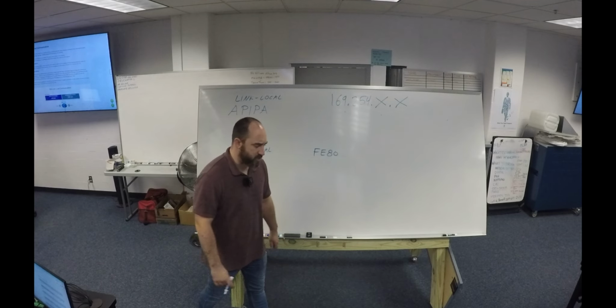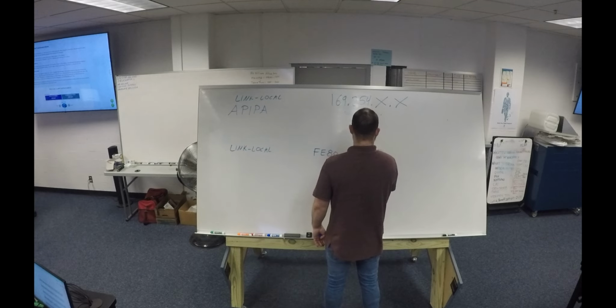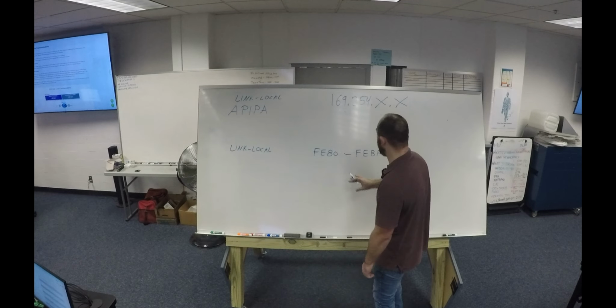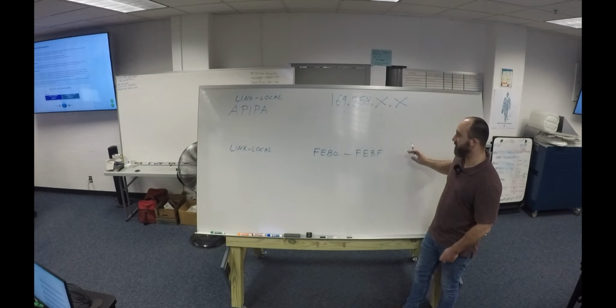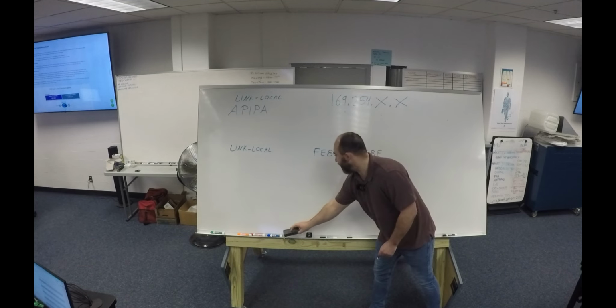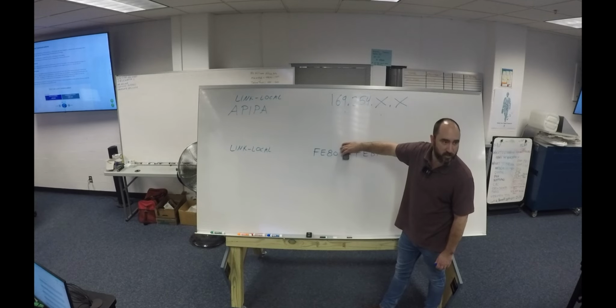Now, if you're going to get a cert or something like that, it does go up to FEBF. But for this course, if you're not worried about certs, FE80. Good? If you want the technical answer for the certs, that range does go up to FEBF. I'm going to erase this because this is probably too much.